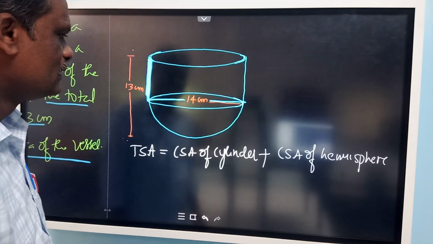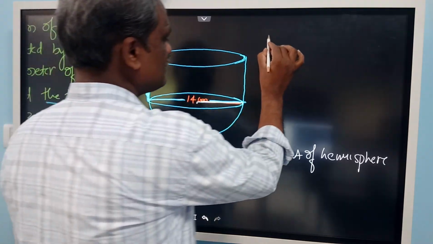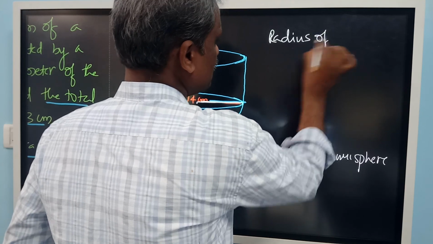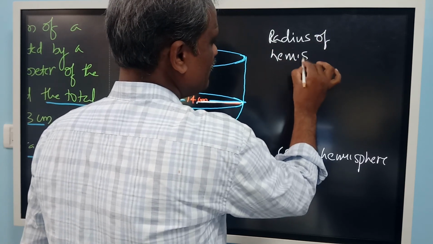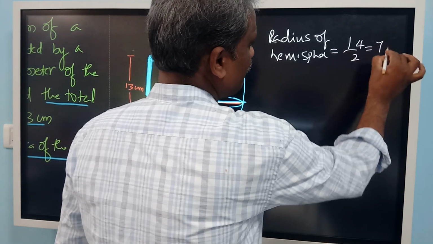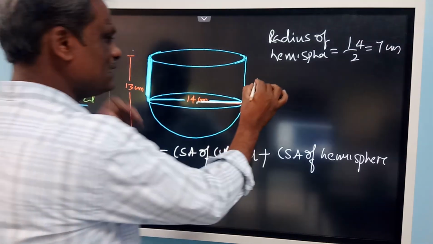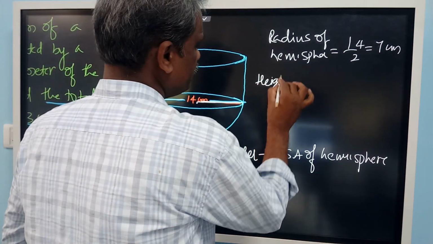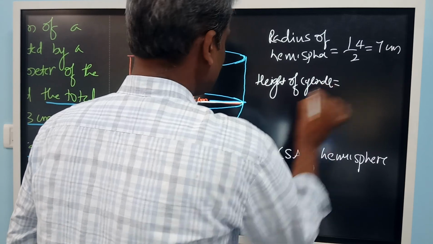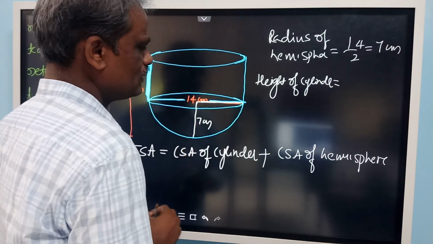Very good, okay. See now, the radius of the hemisphere is equal to 14 divided by 2, it is 7 centimeter. Now the height of the cylinder: look at this, radius means here also it should be 7 centimeter only.